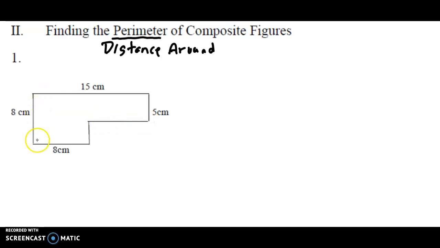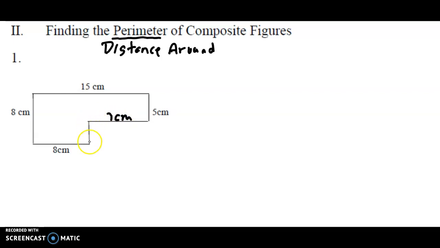So we'll start with this line here. Think of this as a giant rectangle. We know that this side is 15, so anything that is parallel to it has to add up to be 15. So this 8 plus this line has to equal 15. Well, 15 minus 8 is 7, so we can conclude logically that this is 7 centimeters.